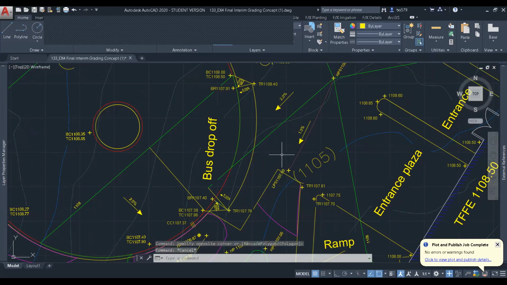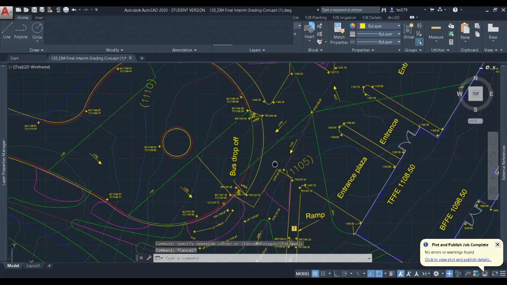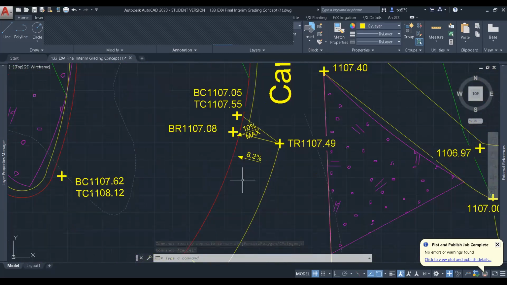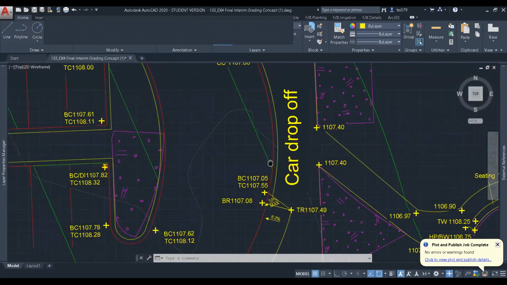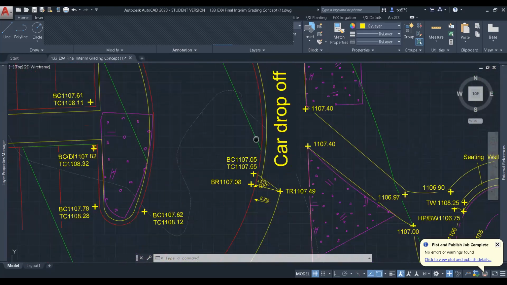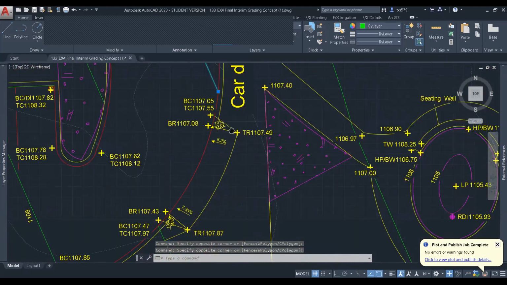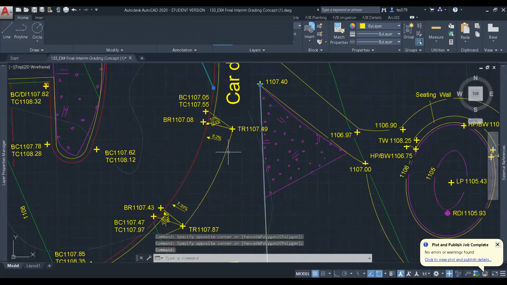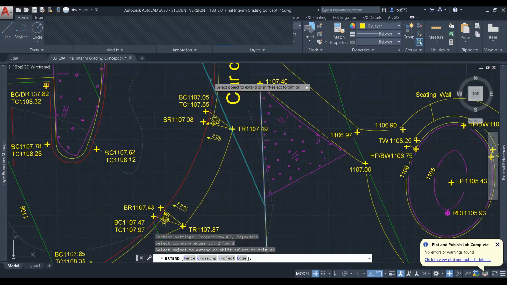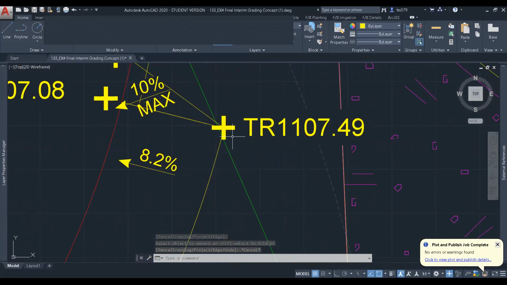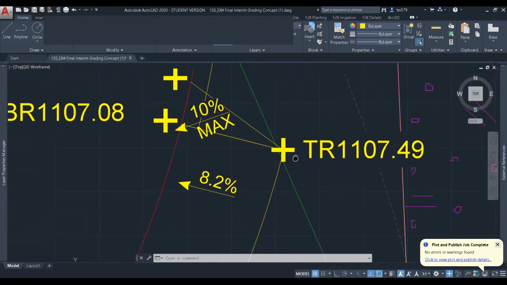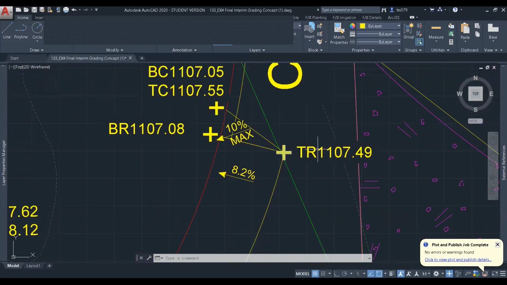Okay. And then I just had another question about this point, because if I extend this line and go like this, what if it's just 107?